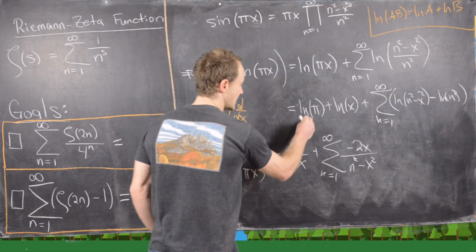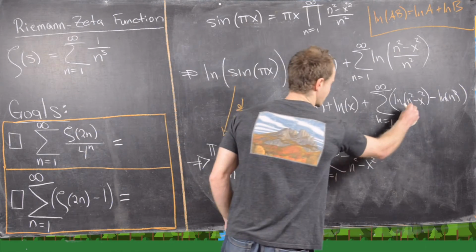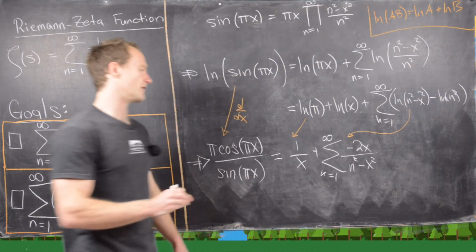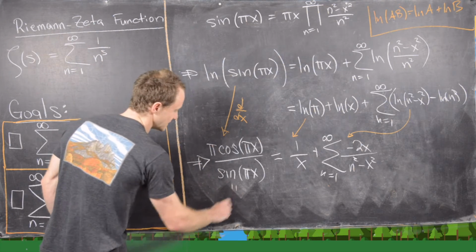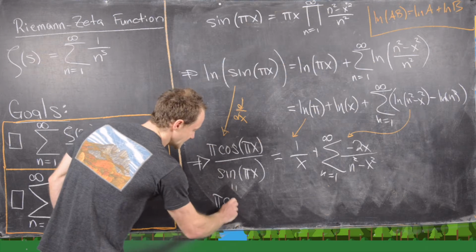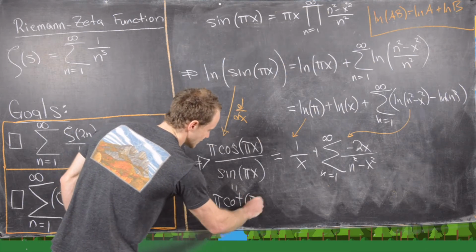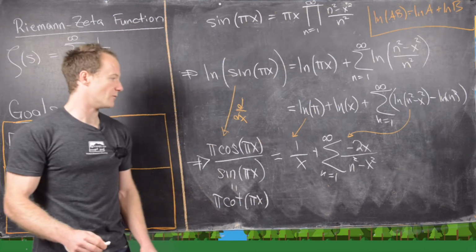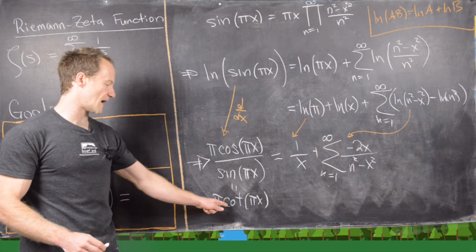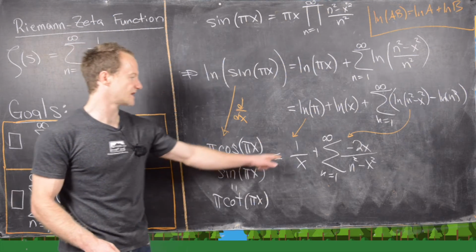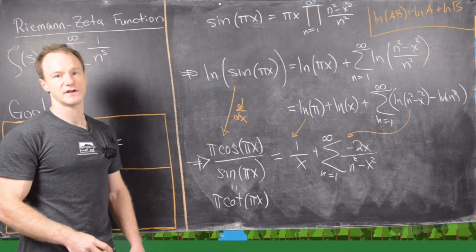So there's our derivative of that term, and there's our derivative of that term. Okay, so next thing to notice is that the left side is equal to pi times the cotangent of pi x, which gives us a nice simpler formula. We have pi times the cotangent of pi x equals this infinite sum over here.